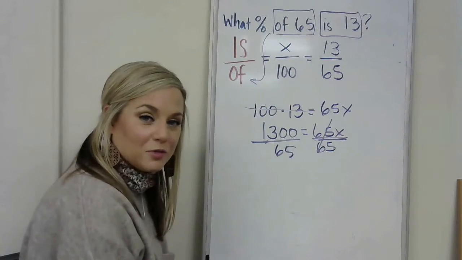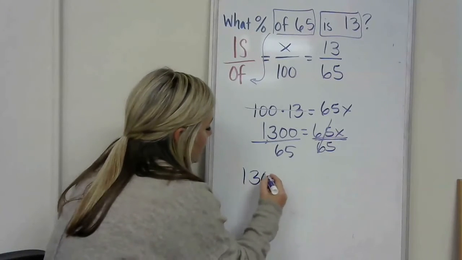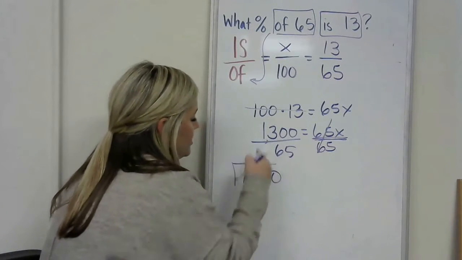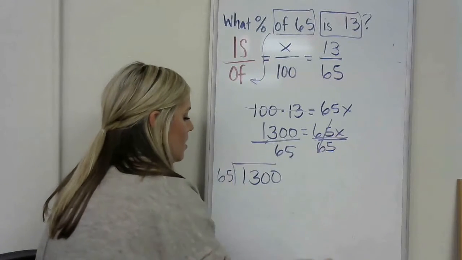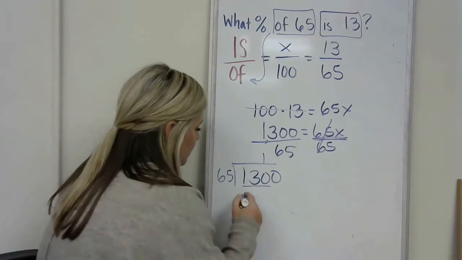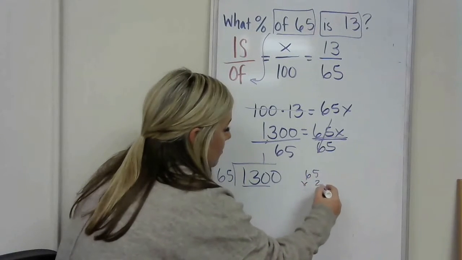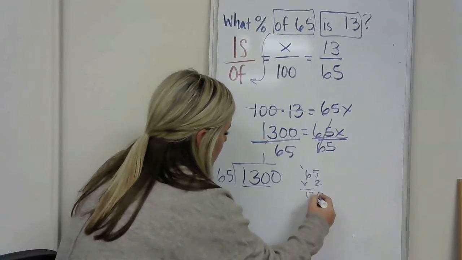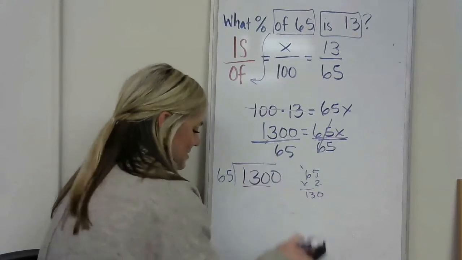Man, I sure wish you guys were in 8th grade and could use calculators. We'll do this, though. Okay. 1300 goes in the division box. 65 goes out. We're T-bowing, top in, bottom out. All right, so 65 will go into 130 one time, I would think. Let me look. Maybe it won't. Ah, it goes in 2 times. Perfect.